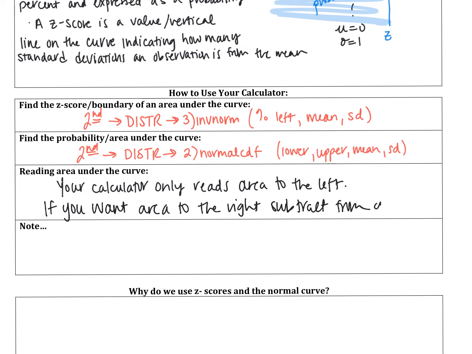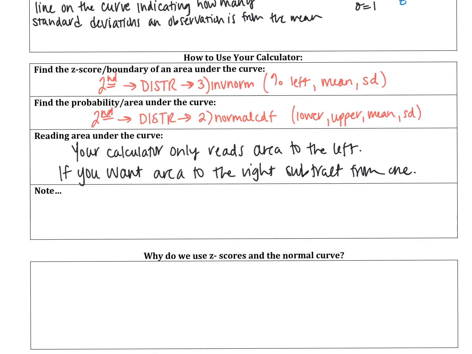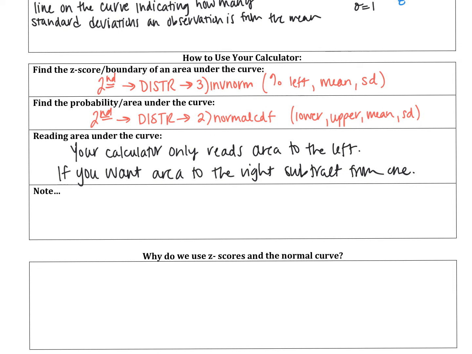All right, so since we said above that area under the curve is probability and will be expressed as a percent or a probability, we're going to be writing a lot of probability statements. So like this, the probability of X being less than a number, or the probability of X being greater than a number, whatever.